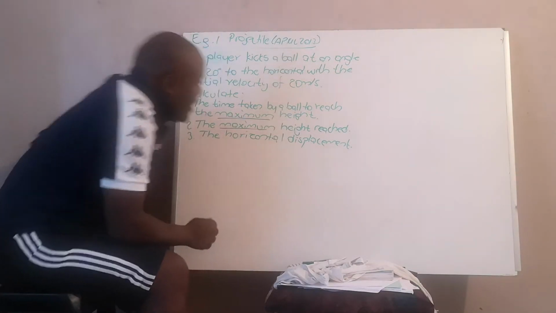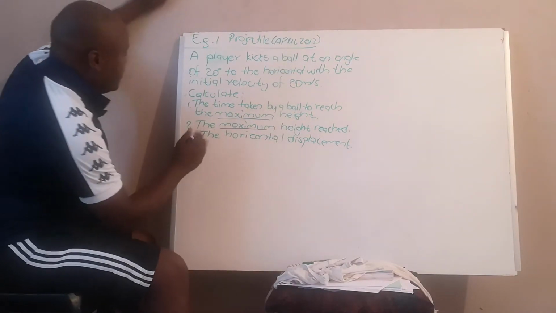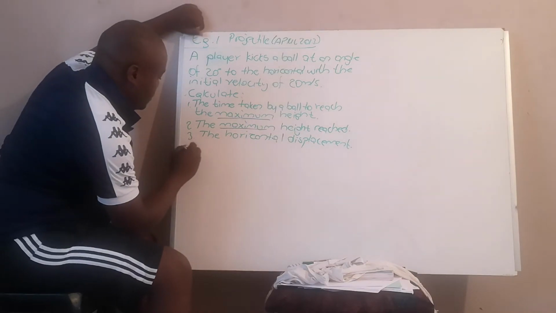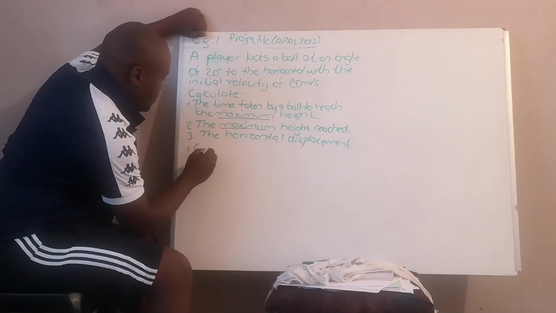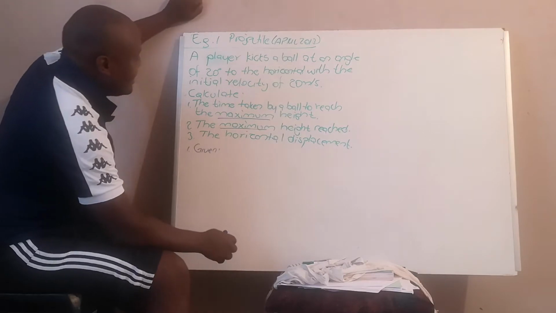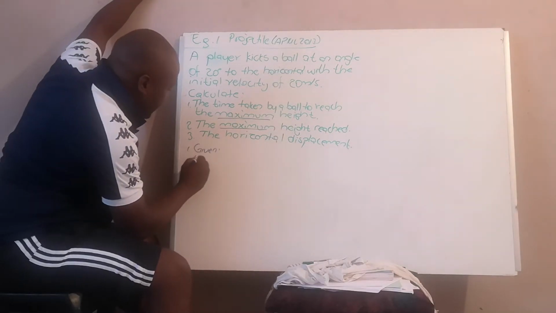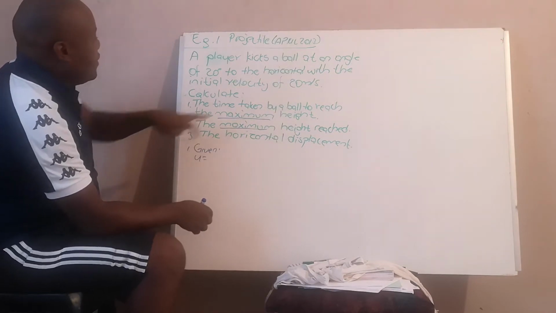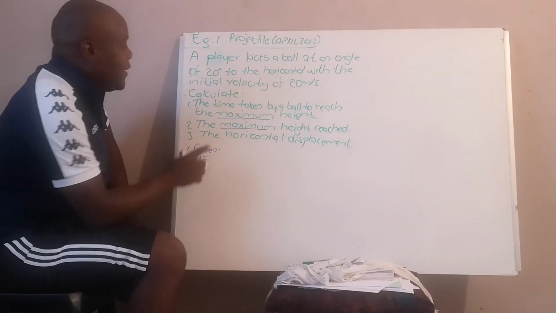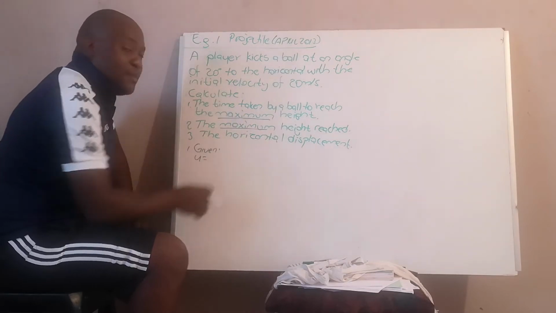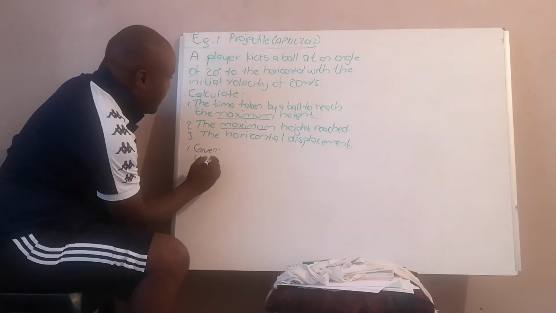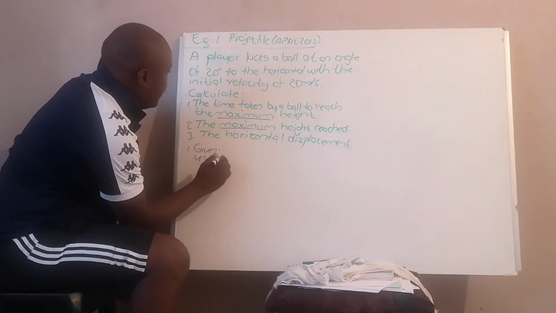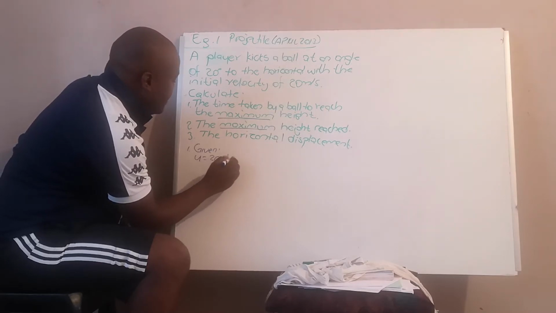So they want those 3 items. Number one, let us look at it. Write your data down, your initial velocity. Every time, your initial velocity is 20 meters per second. Since we will be dealing with your maximum height, your initial velocity will be 20 sine 20.